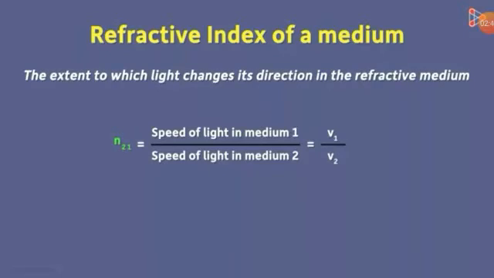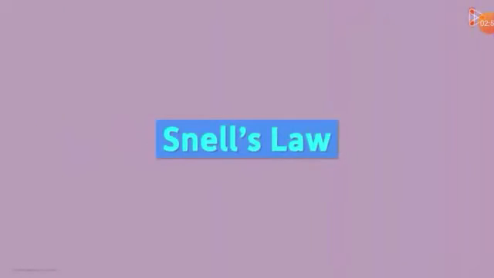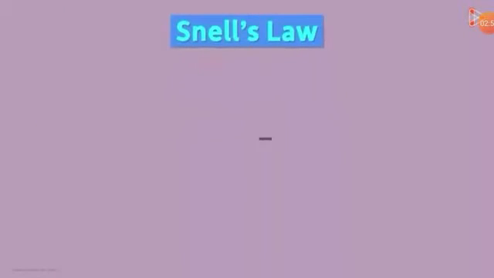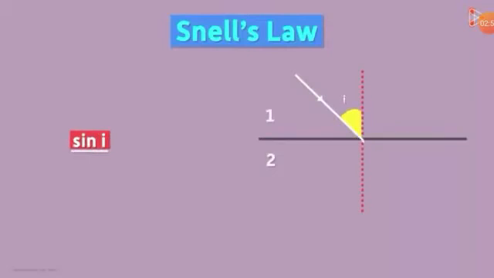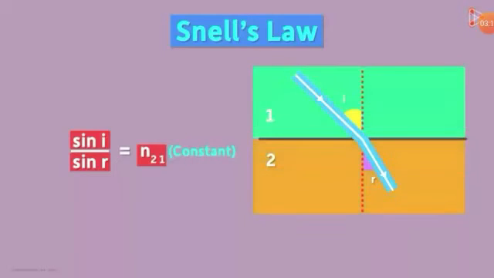It is the extent to which light changes its direction in the refractive medium. One more way we can understand Snell's law is that when light goes from one medium to another medium, there will be refraction and there will be different angles. It will be in the same ratio and the answer will be a constant number.